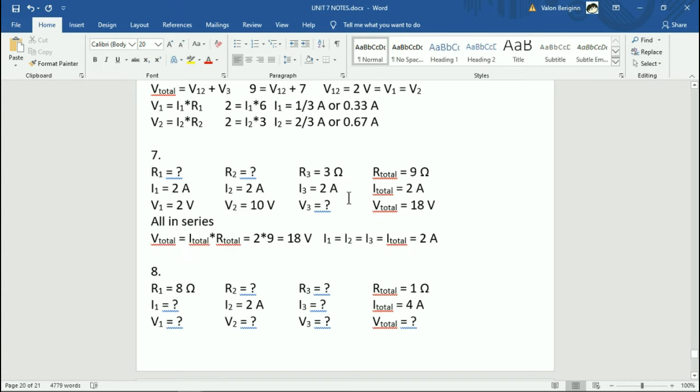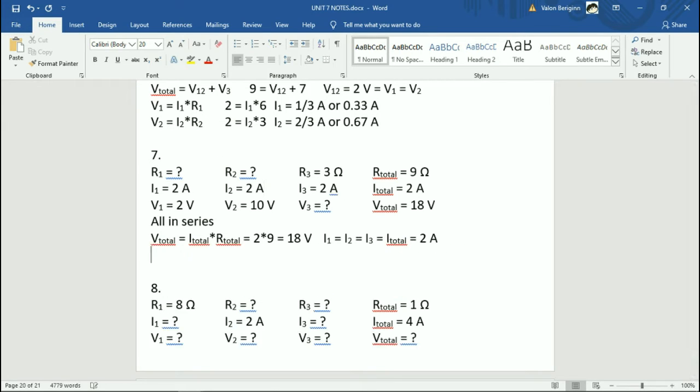Now we have 2 of each piece, so we can use V equals IR to solve for everything else. Let's do 1 first. V1 equals I1 times R1. Now we're solving for resistance this time, but 2 equals 2 times R1, so R1 is 1 ohm. I think that's pretty easy to tell from that.